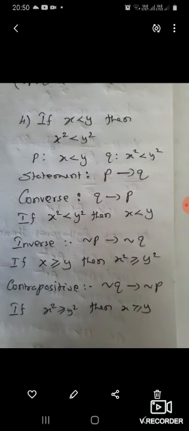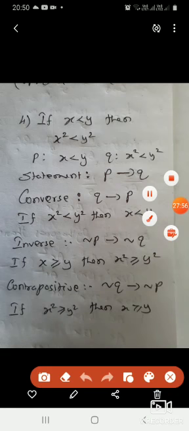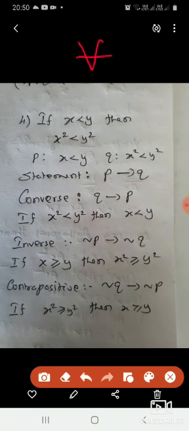So today, the first concept we have discussed is the quantifier. In quantified statements, for all is the universal quantifier, and there exists is the existential quantifier.